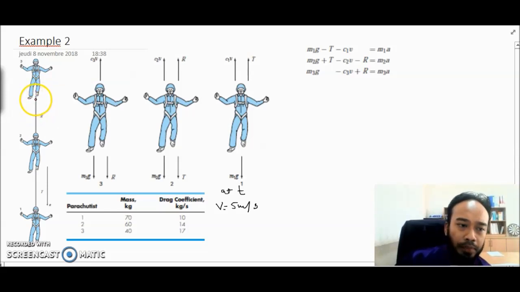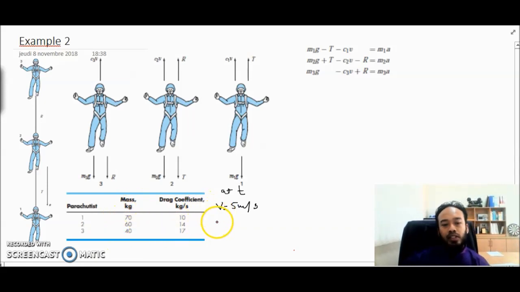So imagine that they are falling now at a given time t, at a speed of 5 meters per second. Each of them has a mass as written here in the table below. So the mass and the drag coefficient of each person are over here.